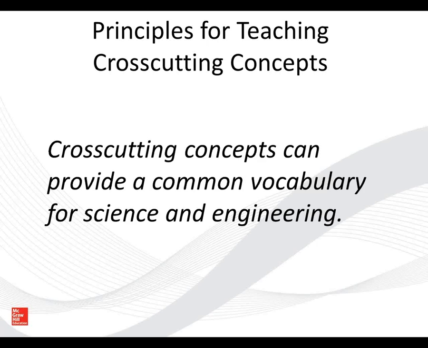Cross-cutting concepts can provide a common vocabulary for science and engineering. An example I already gave was form and function. You want to be able to always design something that will work, in particular in architecture or building a bridge.